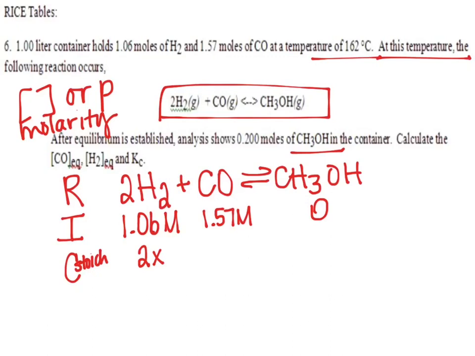We don't know how much it changed, and it's going to be a minus 2x because it's going to make some product. For the CO, it's going to be a minus x. And for the CH3OH it's going to be a plus x.